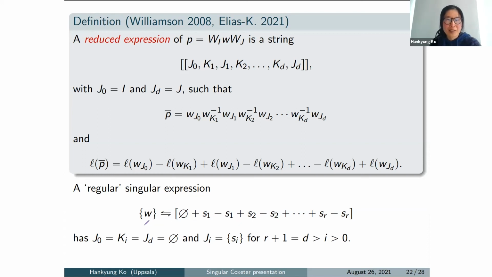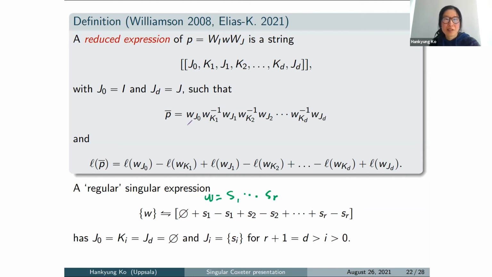So record that if you have a regular expression, then we assign this kind of singular expression. And then here, J and K, the first and the middle, the small ones are empty sets, and the J_i are S_i.